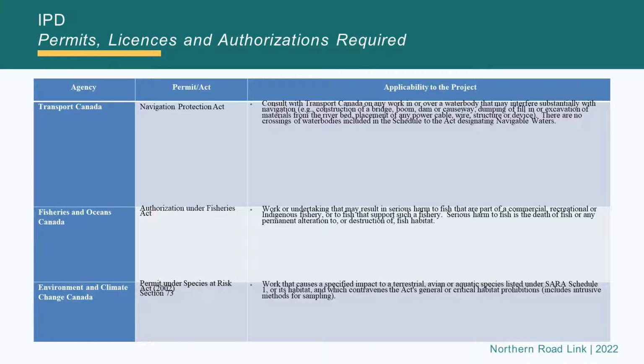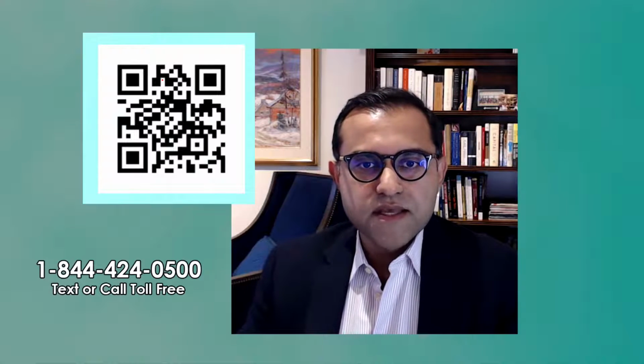So it starts with Transport Canada under the Navigation Protection Act. If we think there's any chance of us impacting navigable waterways or water bodies, if we may interfere substantially with navigation, think of, for example, construction of a bridge, a dam, a causeway, or if you'll be dumping any fill or excavating materials from the riverbeds, which is typically done for the placement of a power cable at a riverbed.